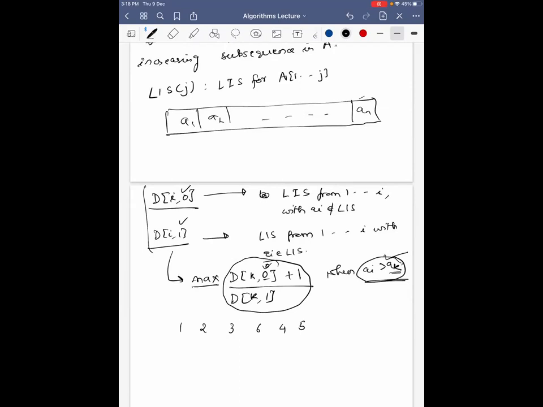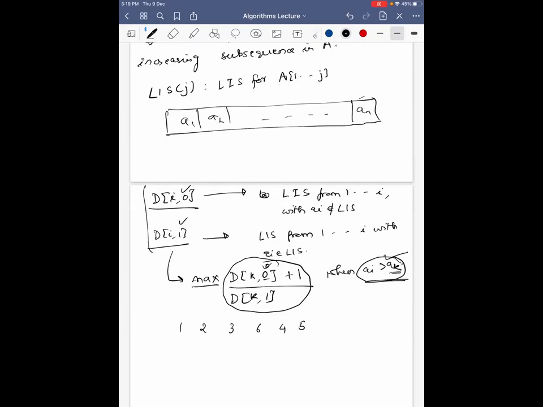Since 5 is not greater than 6, we don't include 5 either. So by the end, we would have 1, 2, 3, 6. But the longest increasing subsequence was 1, 2, 3, 4, 5. So there could be a problem, right?